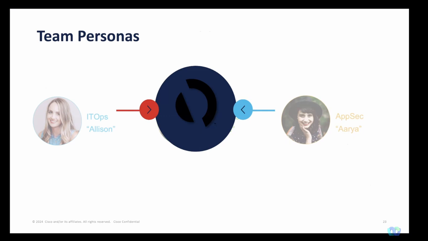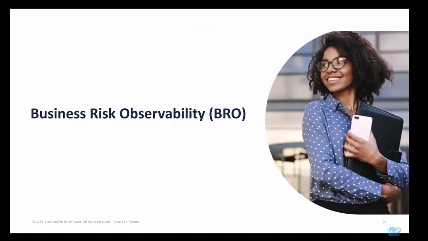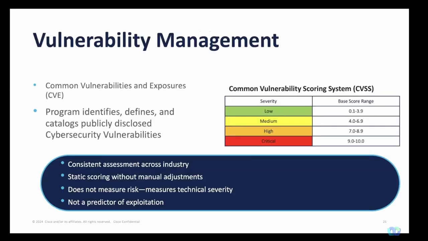Okay, all right. So with that, we basically introduced you all to CSA, and we're going to jump into business risk observability. Right now, typically, when security folks want to assess risk, they use something called a CVSS score.